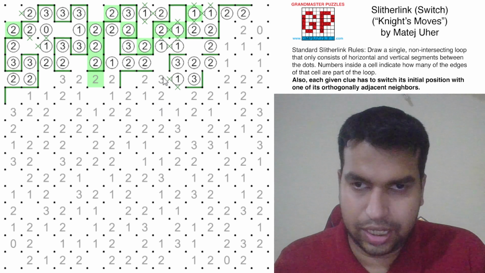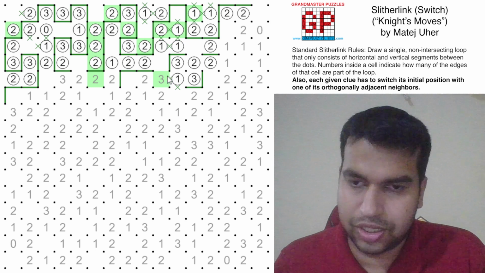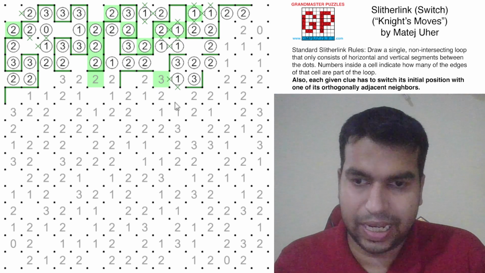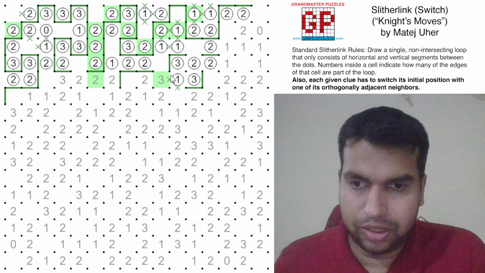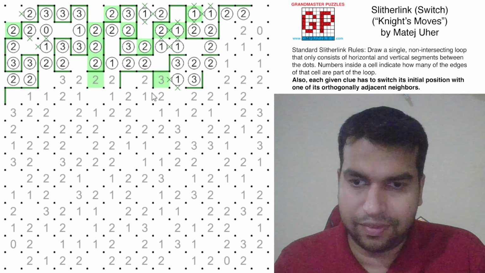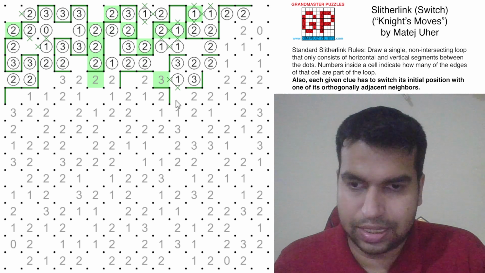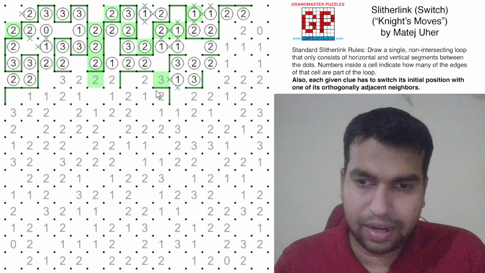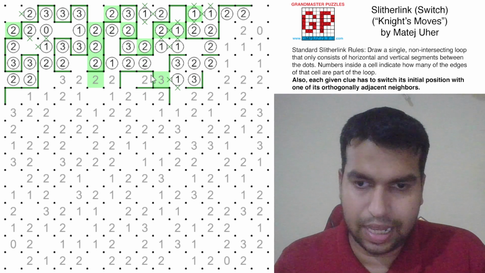So this three actually is a green digit, because it can only be a two because of its remaining neighbors, and a two will force, so you can't have these two as segments, so it will force this at least. Now that forces this, so this cannot be a three now, this cell.